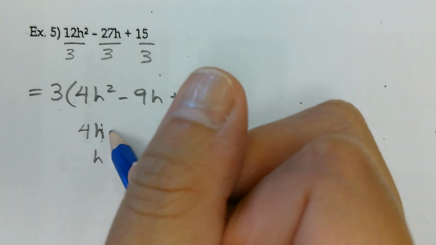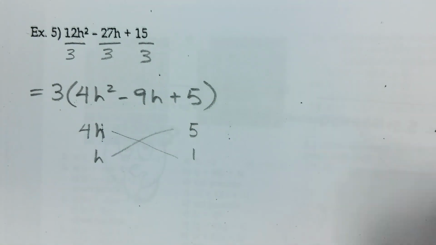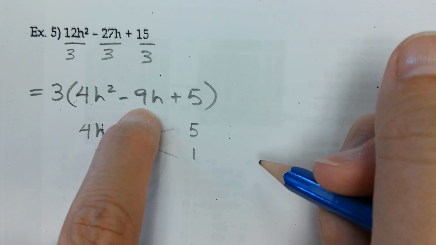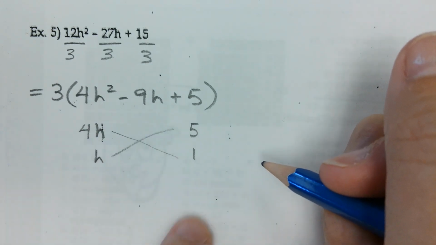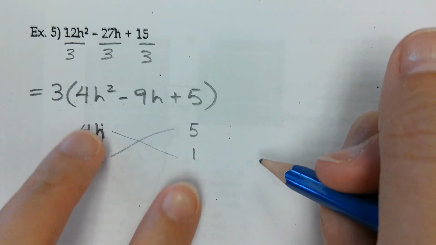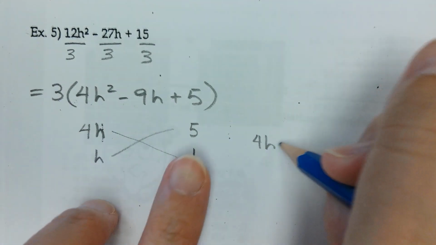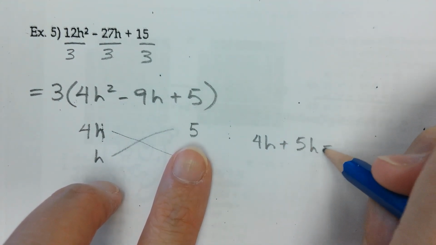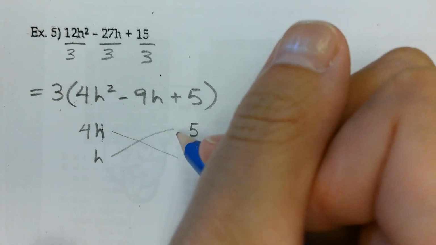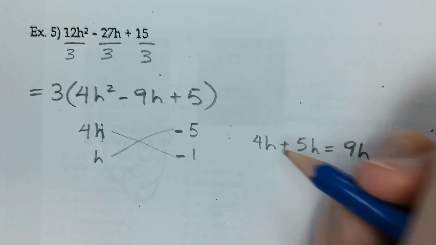So when you choose your numbers, think about your middle term and then see if there's a connection. Isn't that minus 5? It is, yeah. Because if I do this, I get 4h plus 5h, which gives me positive 9h. That's not what we want. We want negative. So I have to make this and this both negative.